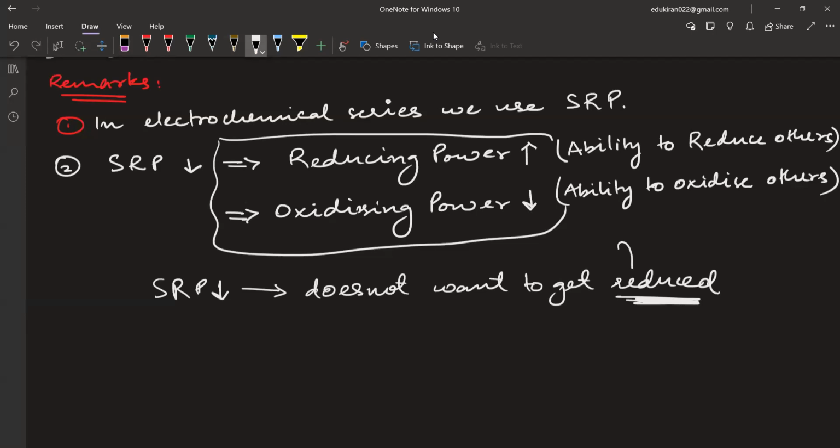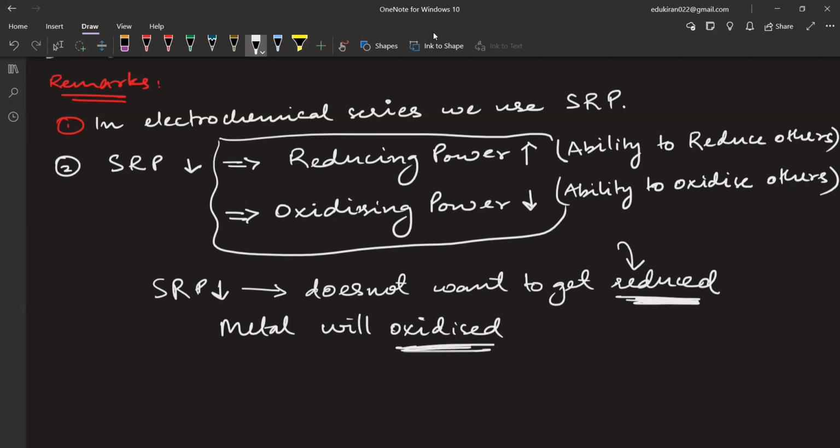जो चीज reduce नहीं होना चाहती है, what will happen to this? Then the metal will get oxidized. If it is not getting reduced, then it is getting oxidized.